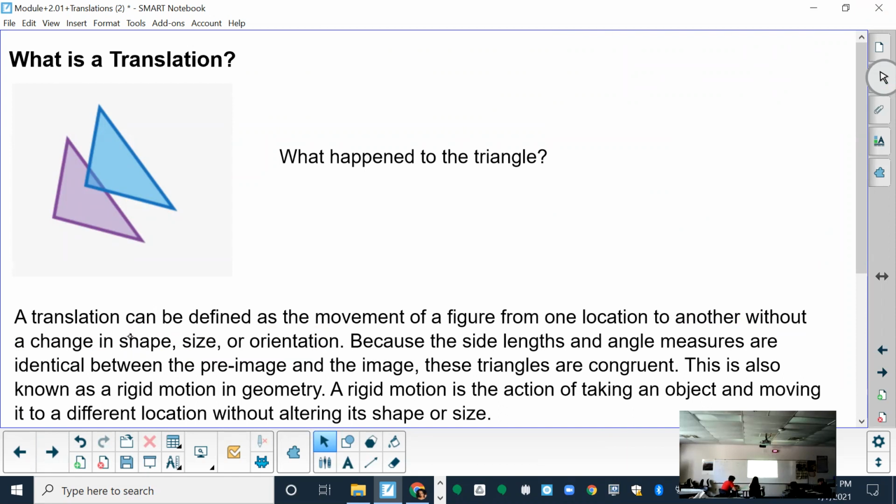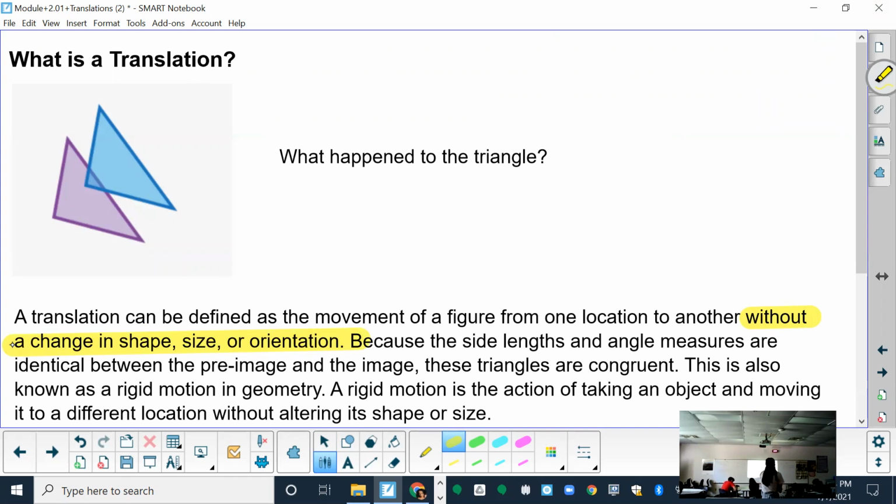A translation is when you move something from one location to the other. All right, it does not involve changing the size. It just involves, say, picking up that purple triangle and moving it to where the blue triangle is. So for highlighting, I would highlight without a change in shape, size, orientation.